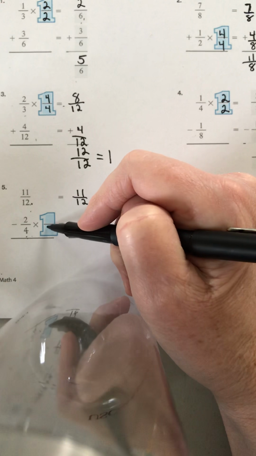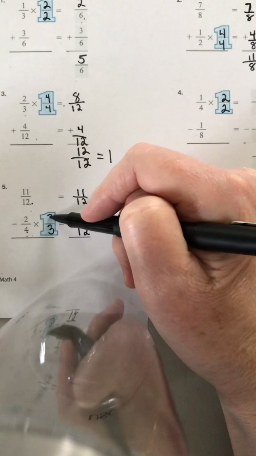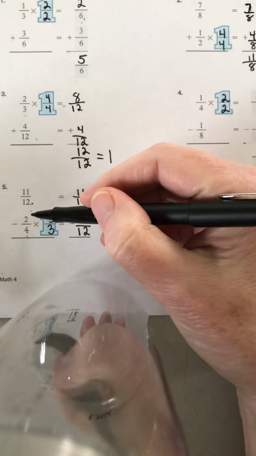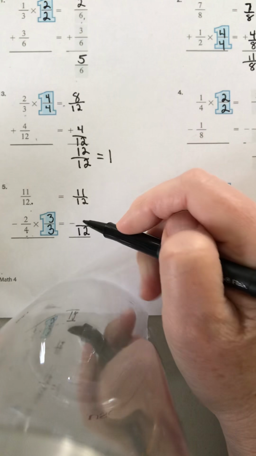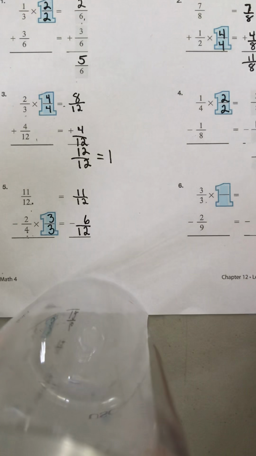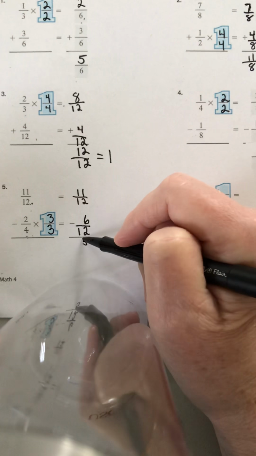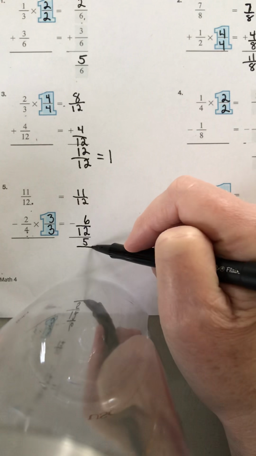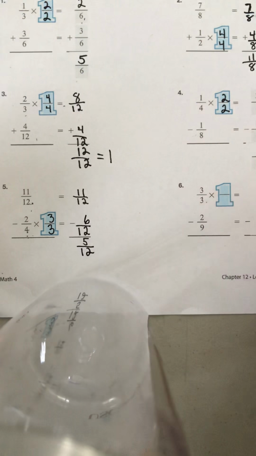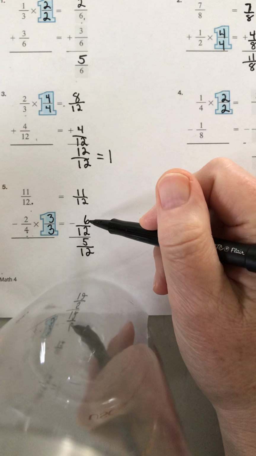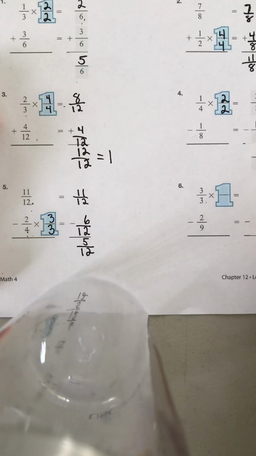Well, I multiply 4 by 3. So I have to write a 3 in the numerator as well. So 4 times 3 is 12. Now I'm going to multiply my numerators. 2 times 3 is 6. So now I'm ready to subtract. 11 minus 6 is 5. And the denominator stays the same. So just like with addition, you only subtract the numerators. The denominator stays the same.